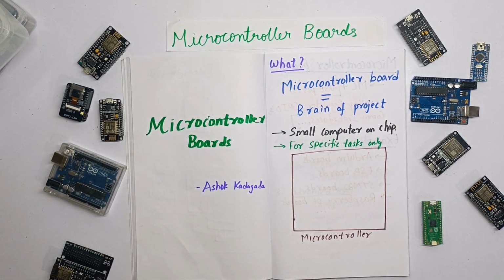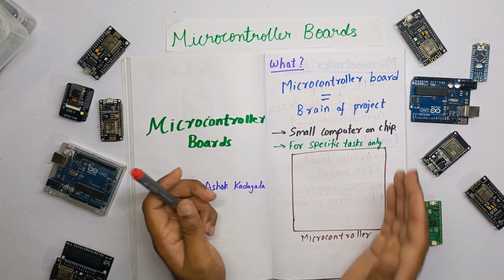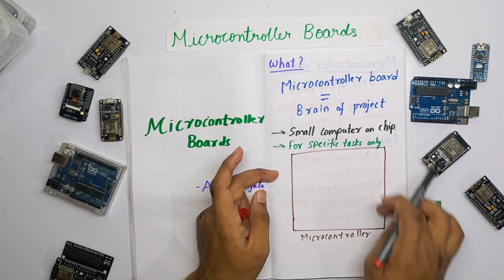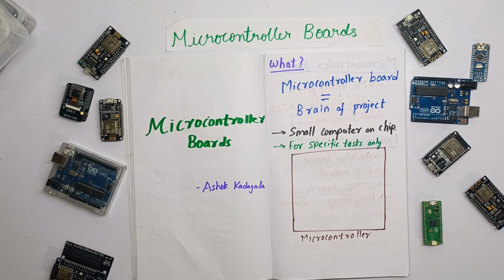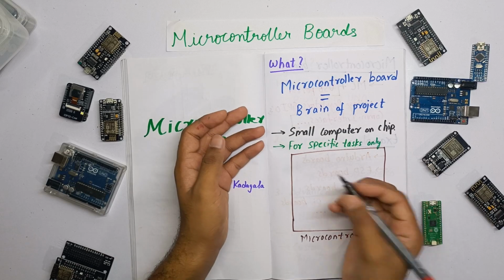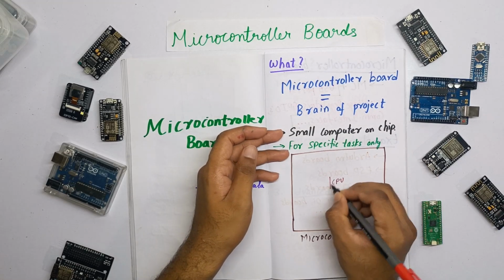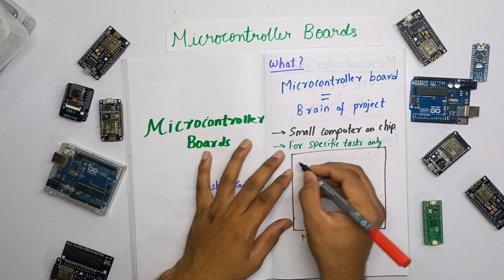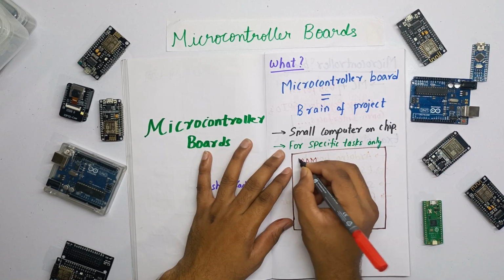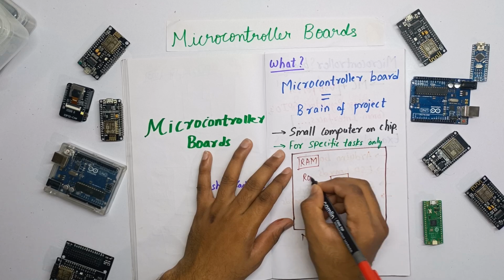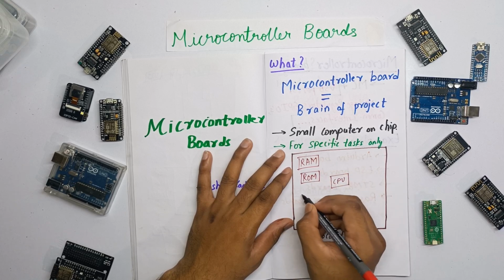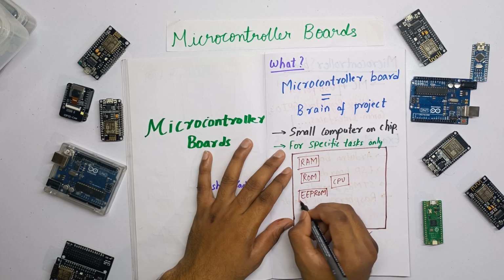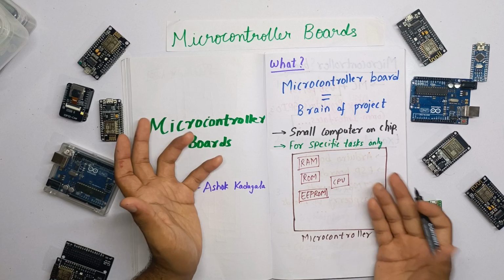Now let me tell you what components a microcontroller actually has. So if this is a microcontroller, it consists of a CPU and also the memory. We know that it has RAM, random access memory, ROM, read-only memory, and also EEPROM, electrically erasable and programmable read-only memory.